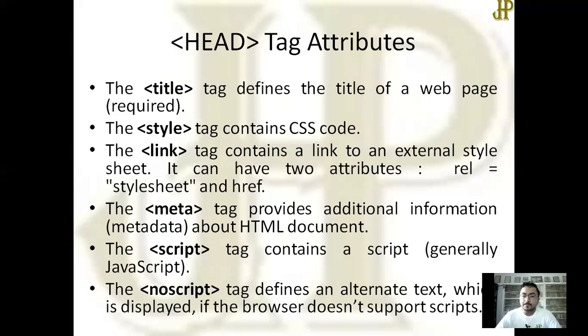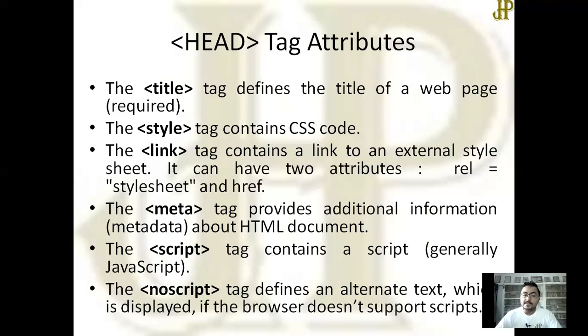Next one is script. This tag contains any scripting code which you want to insert in your web page. Generally, it should be JavaScript. That is not part of class 10th. It will come in intermediate class. And next one is noscript.